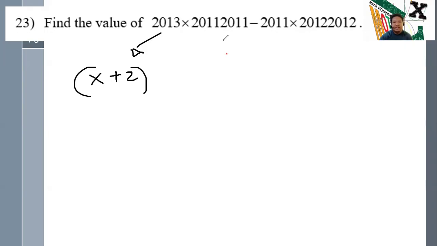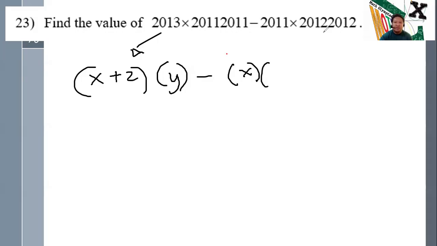Then here, your 2011 can be expressed as what? Let's express that as y, and this is x, because 2013 is x plus 2. So it will become easier for us to see.